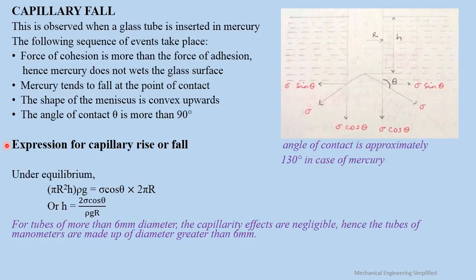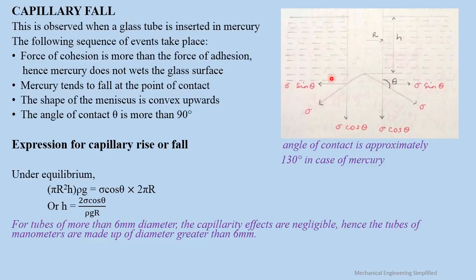Okay, then how do we find the expression for capillary rise and fall, that is, how much it has fallen or risen? We will find that under the equilibrium case. See, this is the surface tension sigma, this is angle theta, so this will be sigma cos theta. You can take sigma cos theta in this direction also, that does not matter much.